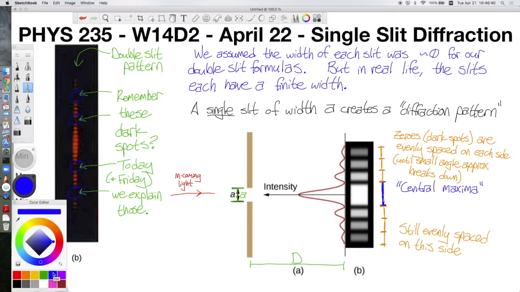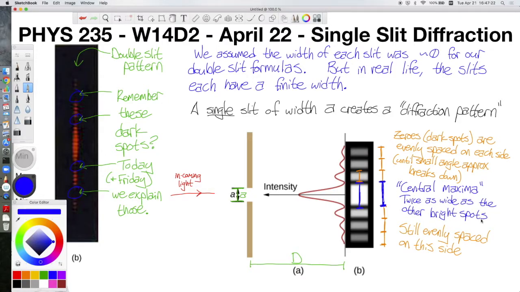And that central maximum, you might notice, is a little bit wider than everything else. So the distance from a 0 on one side of the central maximum to the 0 on the other side is going to be twice as big as the separation of any other zero to the next 0 over.